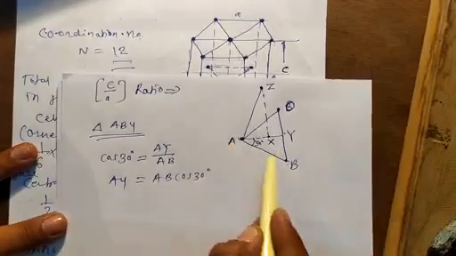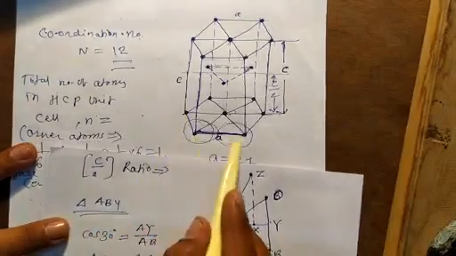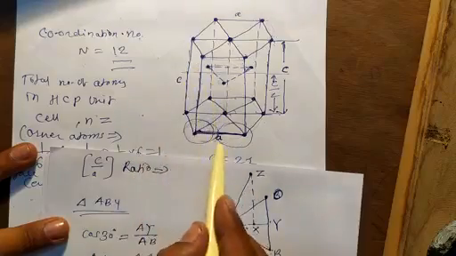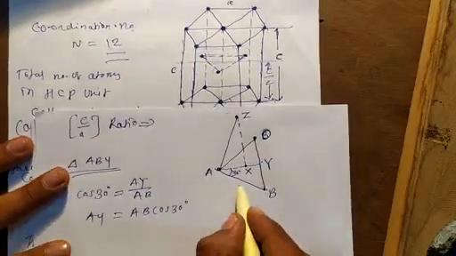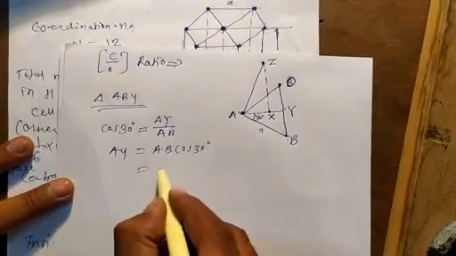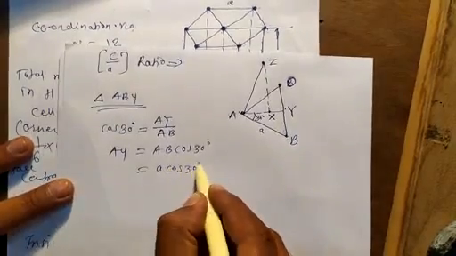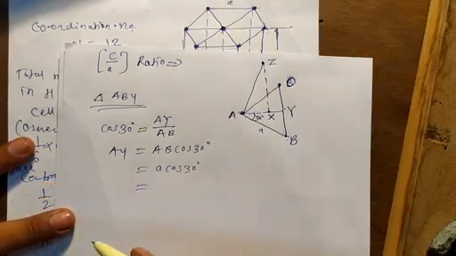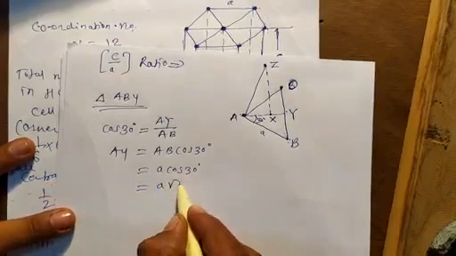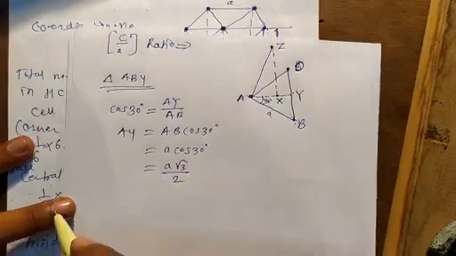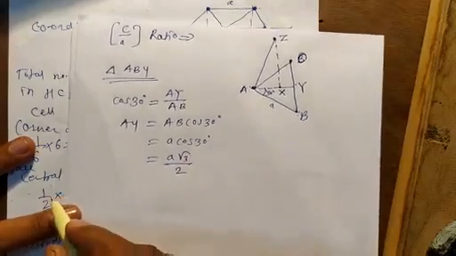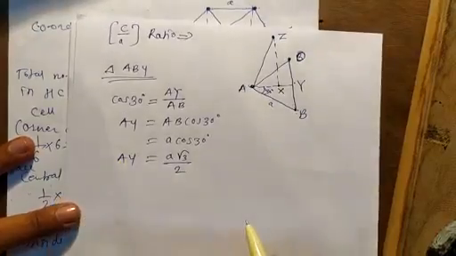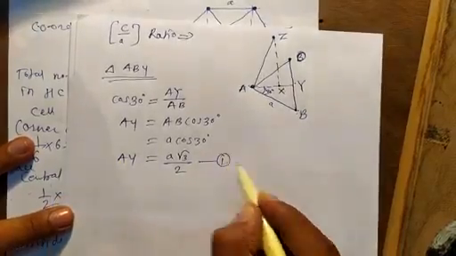What is AB? Here AB is the lattice parameter, so AY equals a cos 30. We know that the value of cos 30 is root 3 by 2. So AY equals a root 3 by 2. Suppose this is equation number 1.